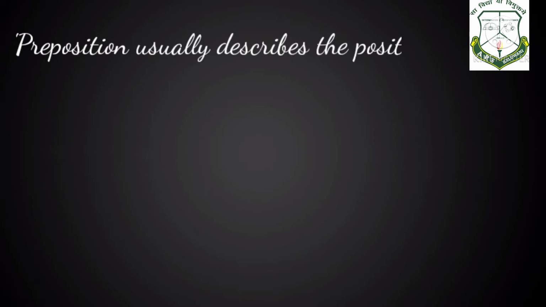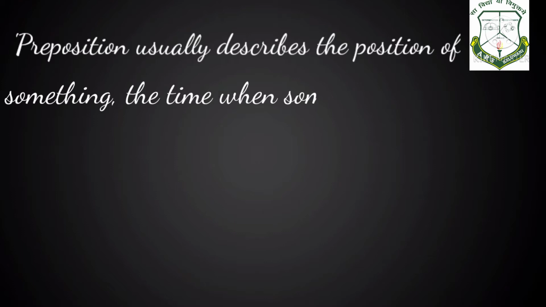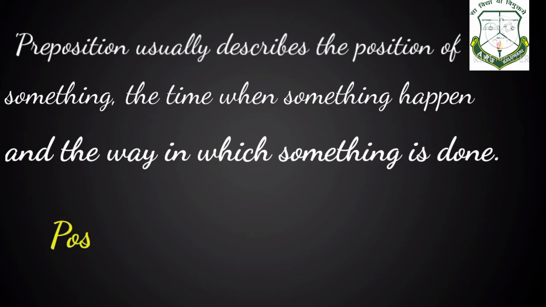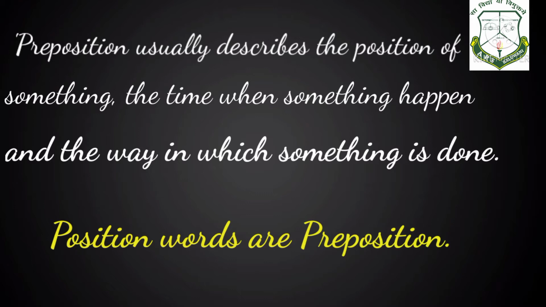A preposition usually describes the position of something, the time when something happened, and the way in which something is done. Now we can say that position words are prepositions.